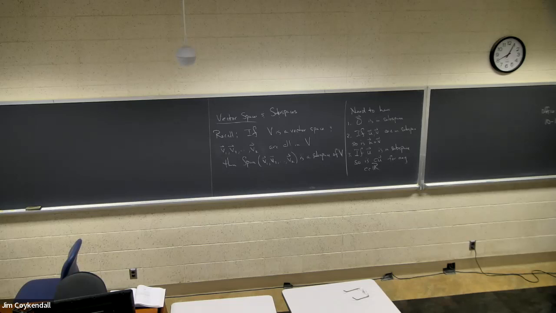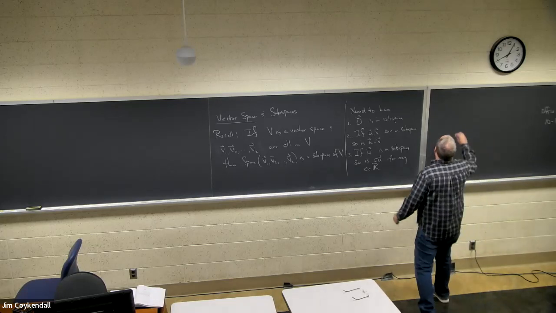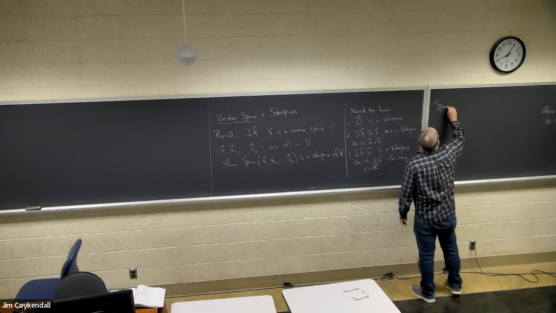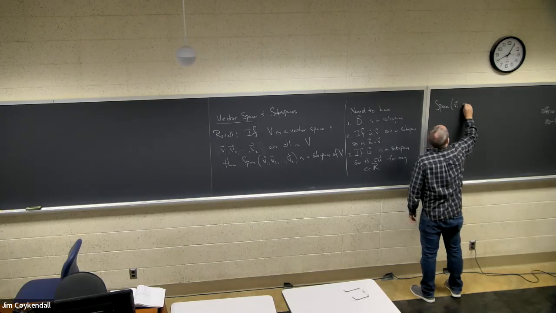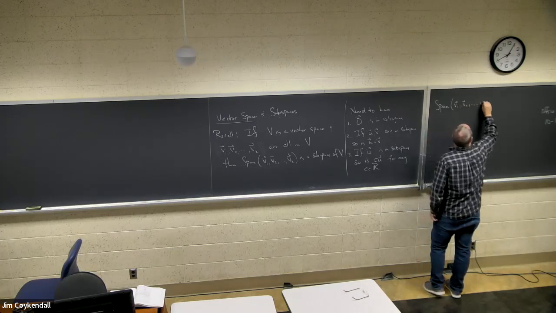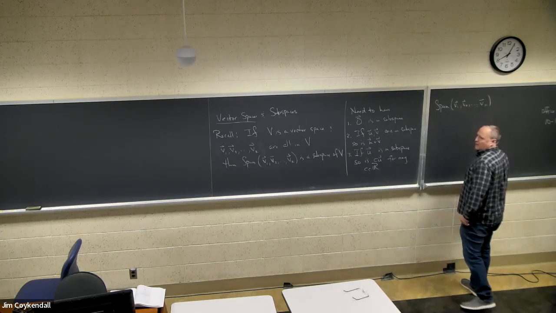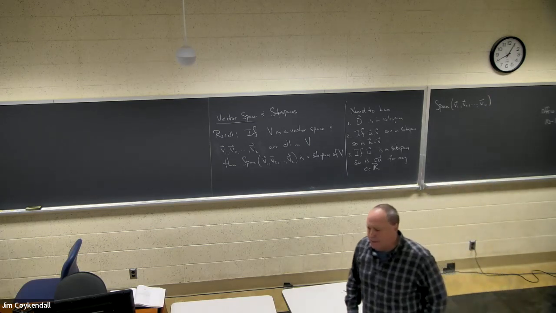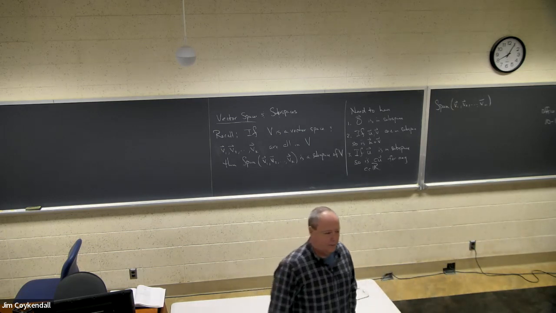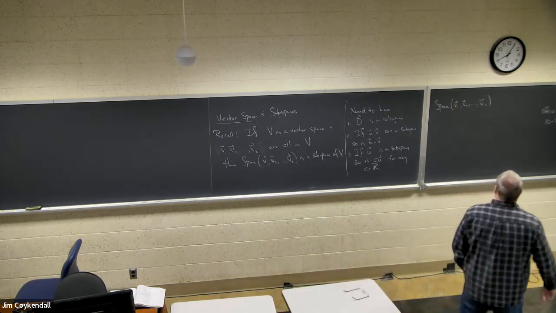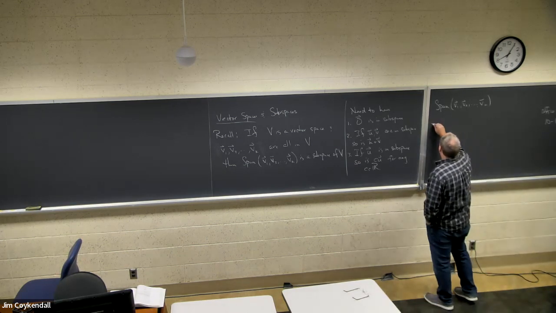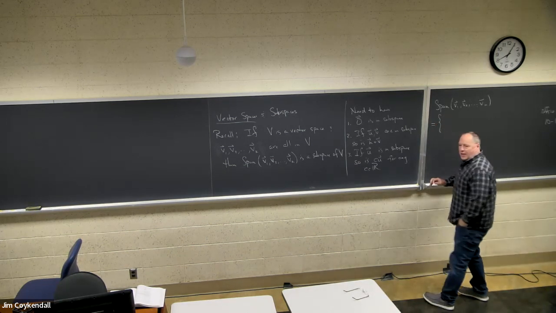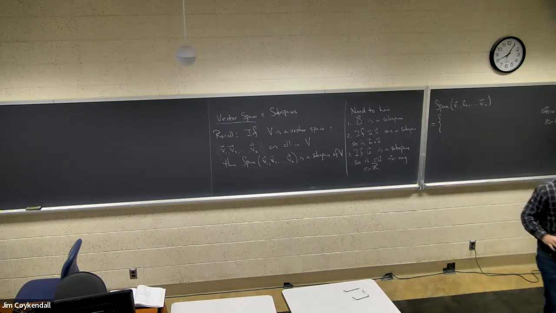So let's check out span. By the way, what do I mean by span of a bunch of vectors? Do you remember? It's the set of all linear combinations you can make with them.